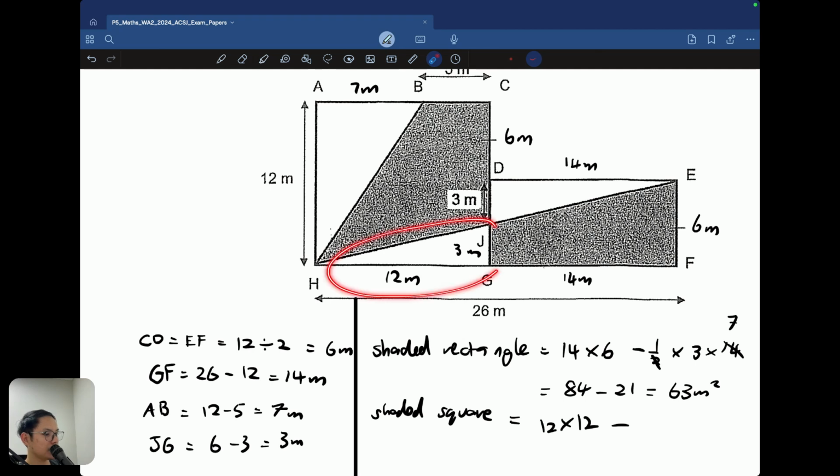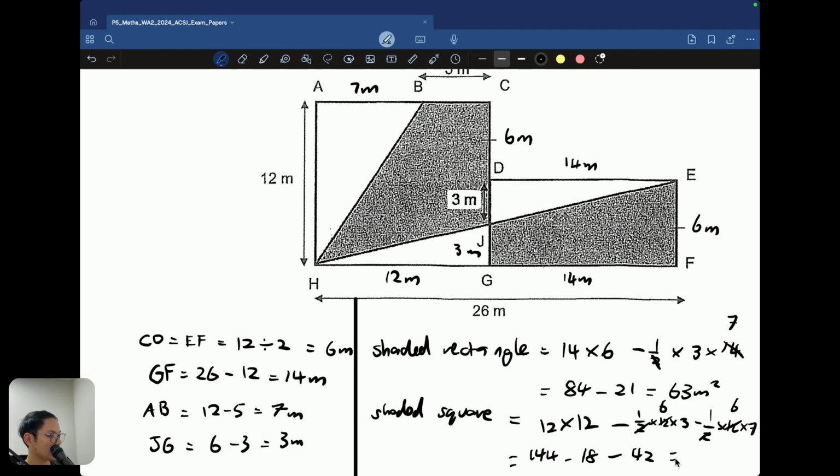Number one is this, so half times 12 times 3, minus half, so we have another one, in this case half times 12 times 7. So let's do 144. So 12 times 12 is 144 minus. So half times 12 times 3. So 2 and 12, this will be 6. This is 18. Then minus half with 12, this is 6. 6 times 7 is 42.